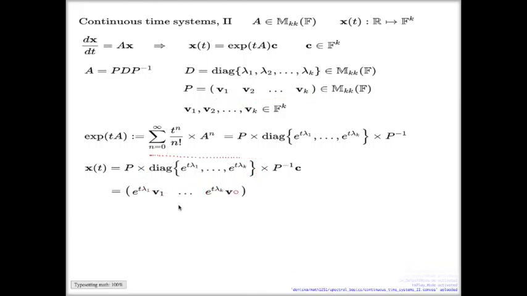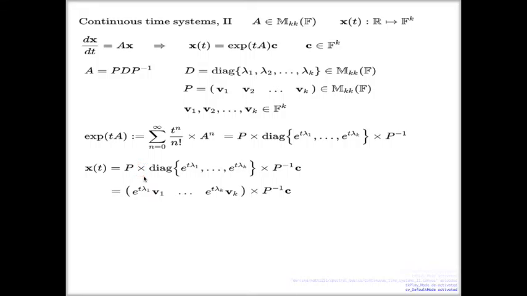All you do in this multiplication, you scale every column in P, v1, v2, vk, by the diagonal entries here. That's what I've done here. First column v1 scaled by e^(t lambda 1). Second column similarly gets scaled with e^(t lambda 2). Last column gets scaled with e^(t lambda k). I've done this multiplication, but it's an easy one. It's easy because it involves a diagonal factor.